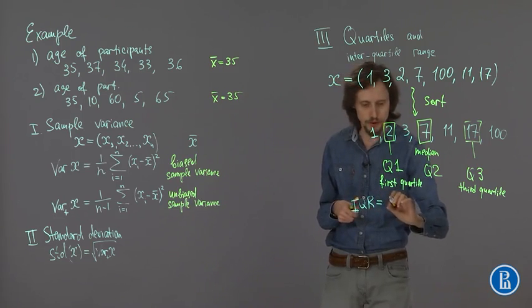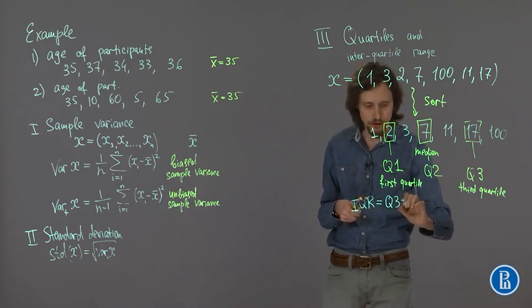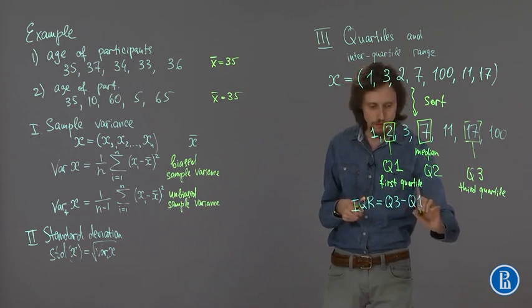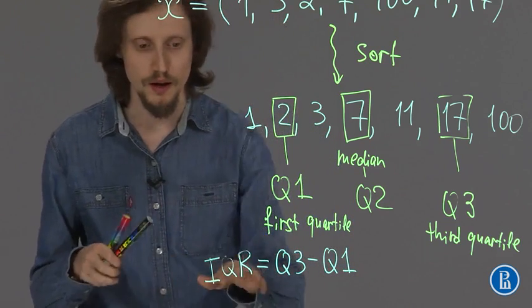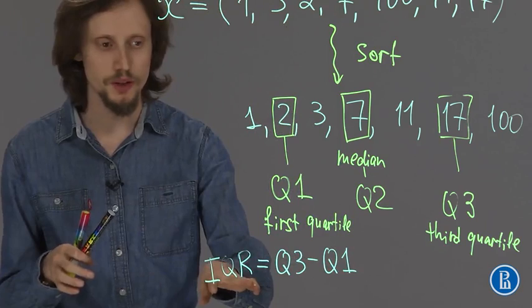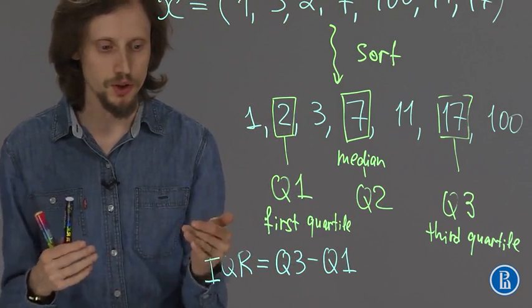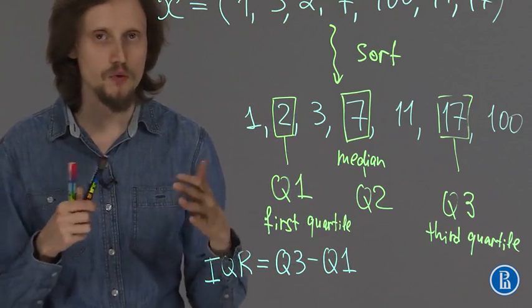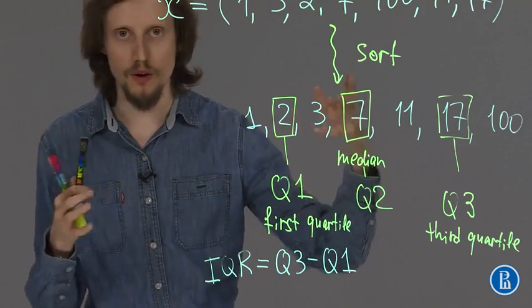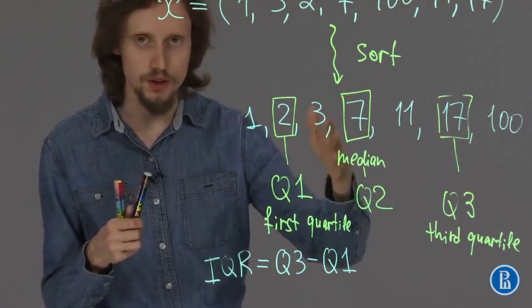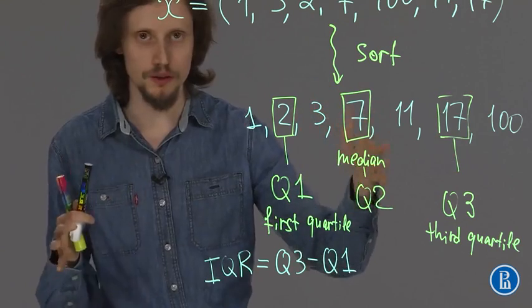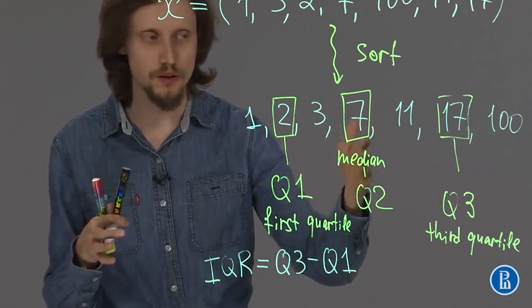This value, interquartile range, can be used to estimate how far values of our dataset deviate from some element in the middle, in this case from the median.